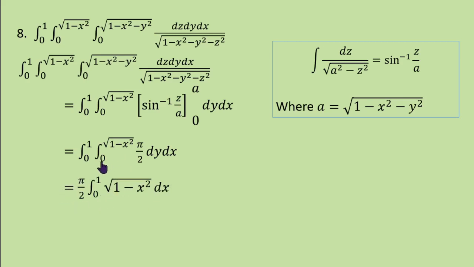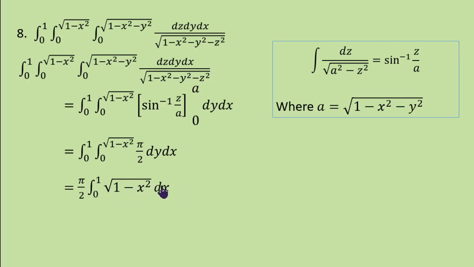So, pi by 2 into integral 0 to 1 root 1 minus x square dx. By substituting, put x is sin theta. 1 minus sin square theta is cos square theta, square root is cos theta. If x is sin theta, dx is cos theta d theta.